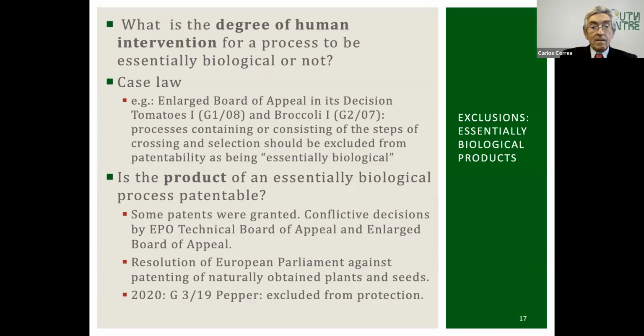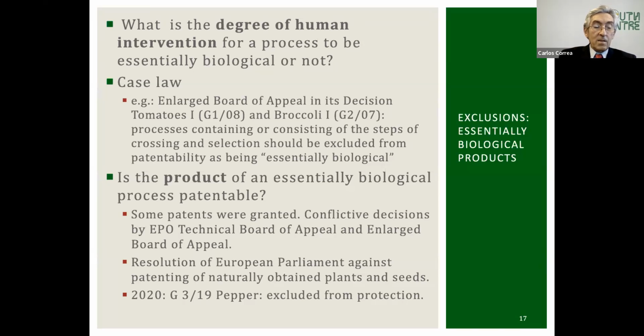But then there was an indirect reversal of this decision when it was admitted that although the process itself was not patentable, the product that was obtained on the basis of the use of that process could be patented. And then there were a number of conflicting decisions on this in the context of the European Patent Office.